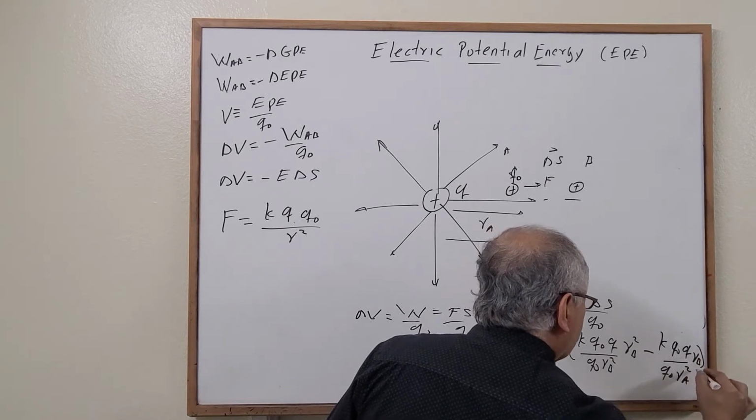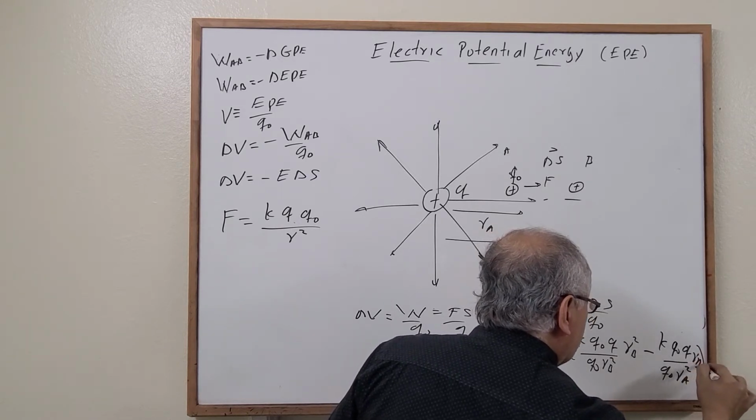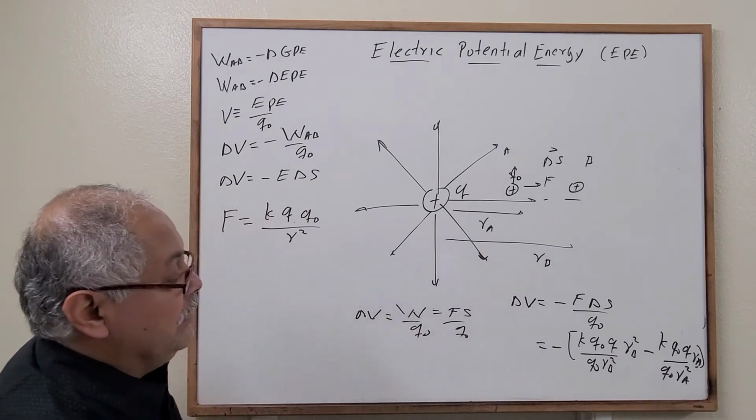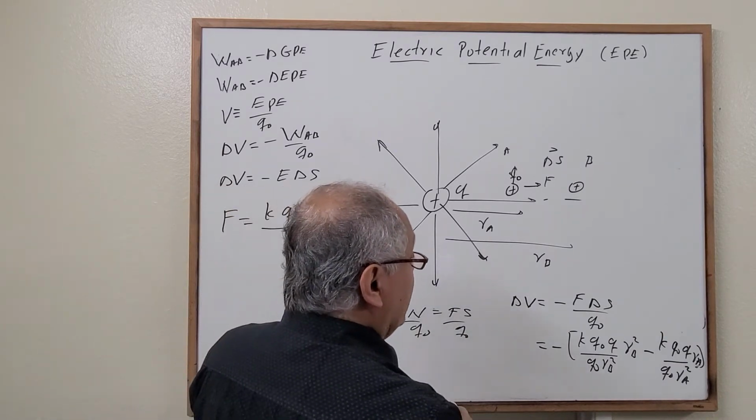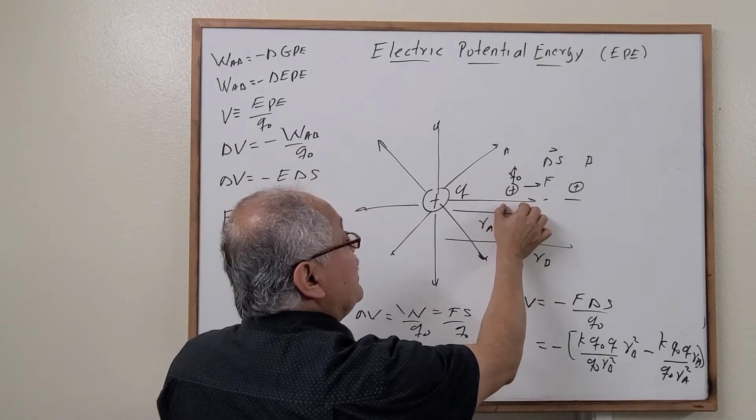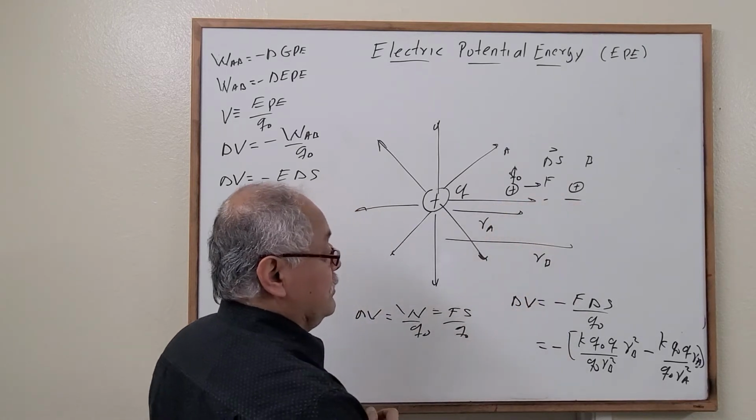R sub A, right? Because we're looking for the condition at this point and the condition at this point.